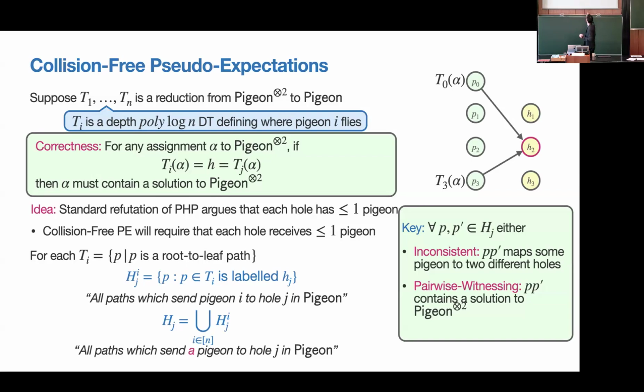This follows by correctness. H_j contains all paths which map pigeons to hole j, so if they map two pigeons to hole j, then by the correctness of the reduction, they have to witness a solution to the pigeon squared problem. So from this correctness, we get this property on the set of paths which map pigeons to hole j.